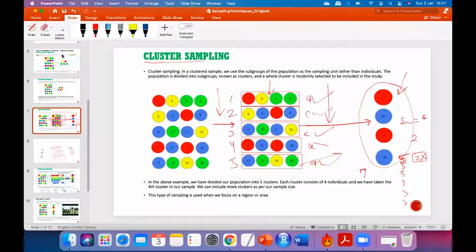After that, we saw cluster sampling, in which we divided the whole population into clusters and then selected one cluster, and that cluster became our sample.